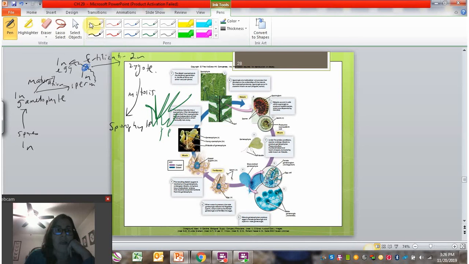At some point, in some areas of the sporophyte, they have sporangia. In the sporangia of the sporophyte, meiosis will occur, and that meiosis will produce haploid spores from the diploid sporophyte. And so, let me go all the way over here, we're back where we started.